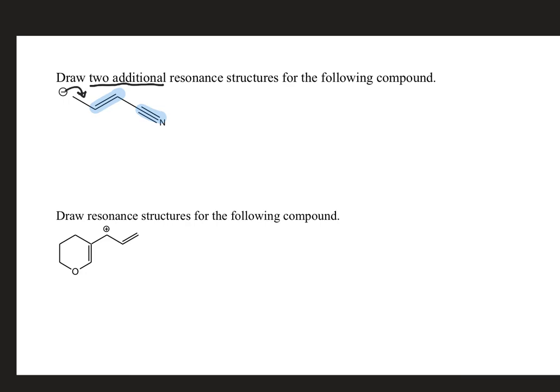So we could move this negative charge, that lone pair of electrons over, which would cause the electrons from that double bond to push over to the middle carbon. Remember, with these triple bonds, there's a carbon there that is right there. This one is now negatively charged in the middle.